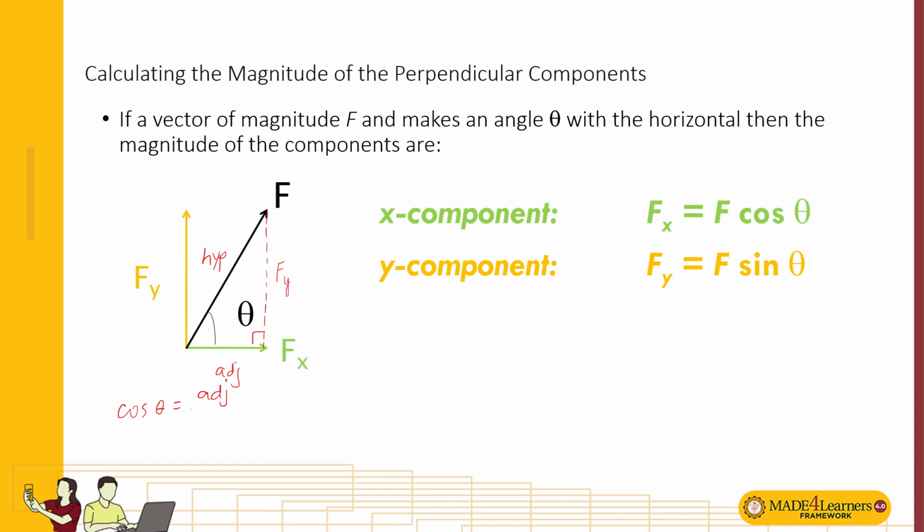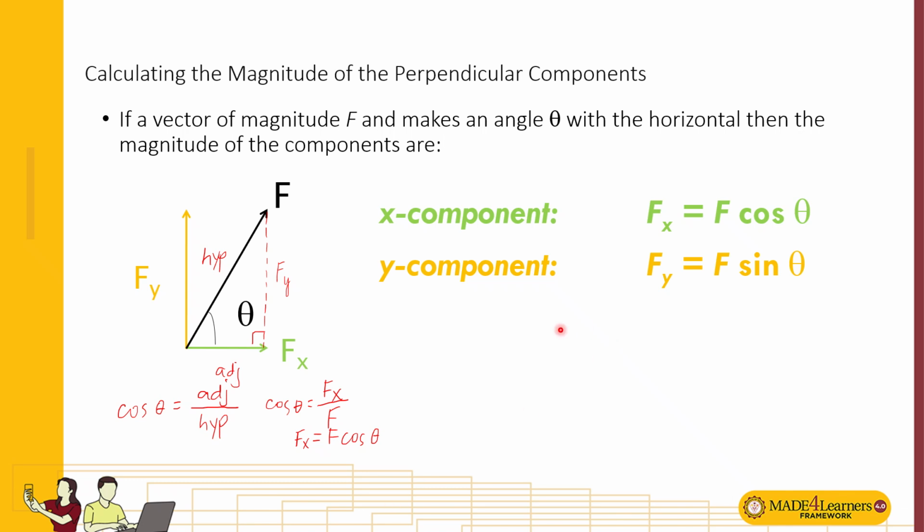Because you can get the ratio of the adjacent and hypotenuse sides. The adjacent side is your x component, and the hypotenuse is the magnitude of the given vector quantity. By multiplying the whole equation by F, you'll get the x component equal to F times cosine of theta. Same goes with the y component, but you need to use the opposite side of angle theta. So it's opposite over hypotenuse.